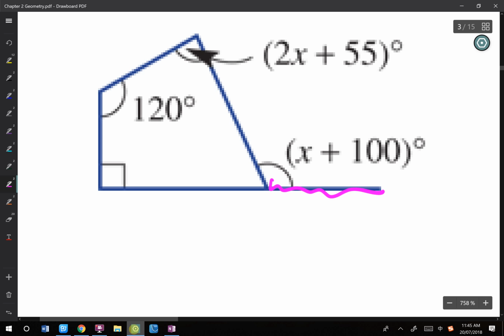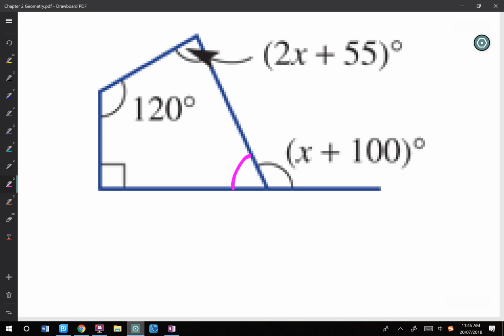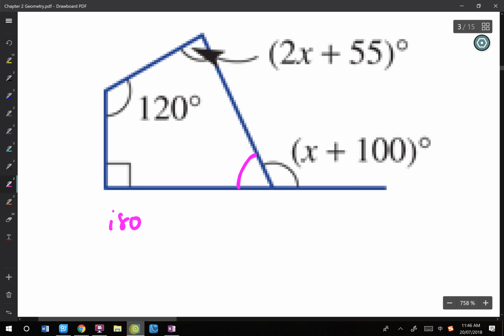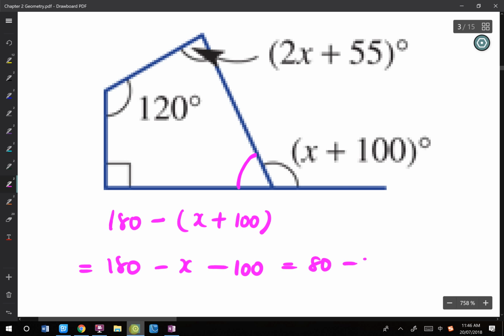Can you tell me, in terms of x, what's the size of this angle? 180 minus bracket x plus 100. Thank you. And we can calculate that, and that gives us 80 minus x. So this angle here is 80 minus x degrees.